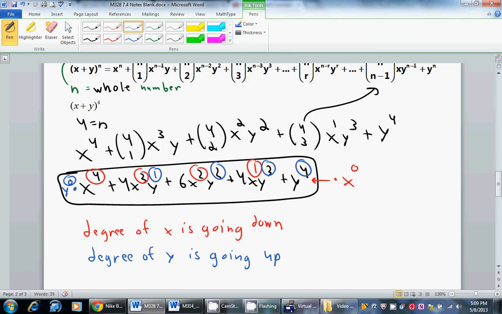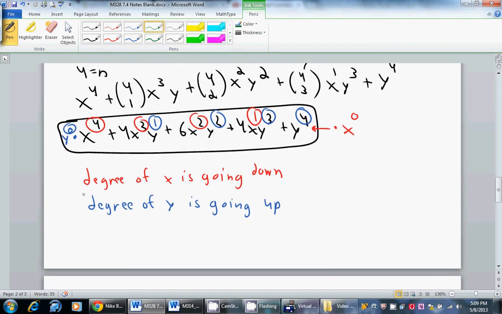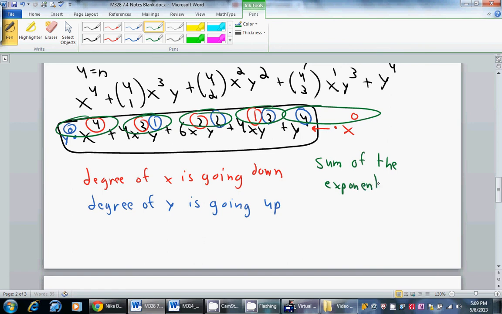Now, let's keep talking exponents for a second. What do you notice about the sum of your exponents? I know you can't respond, this makes this kind of awkward. But if you add your exponents together, the sum of the exponents is always equal to n.